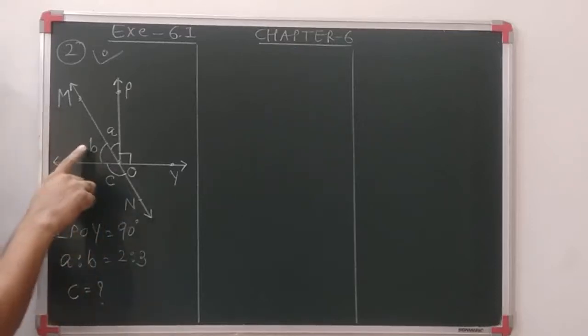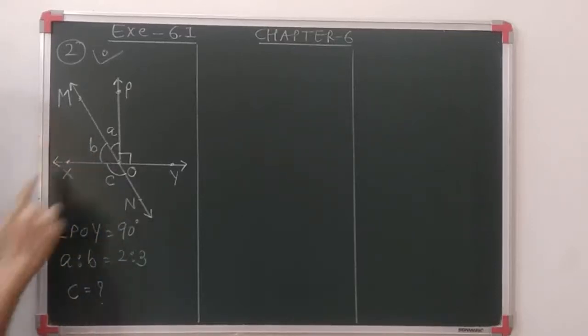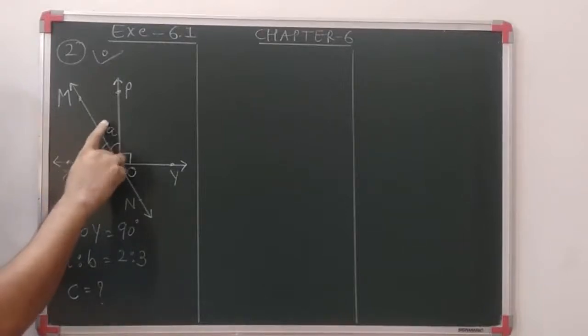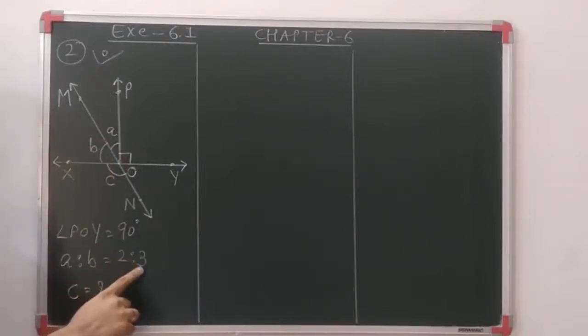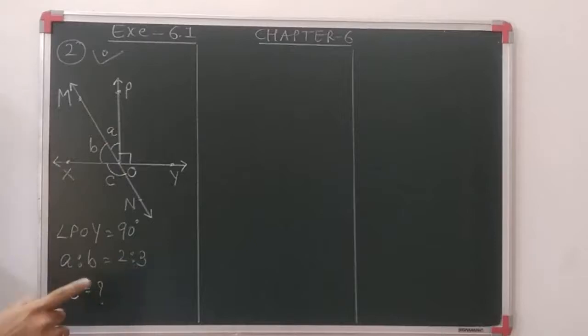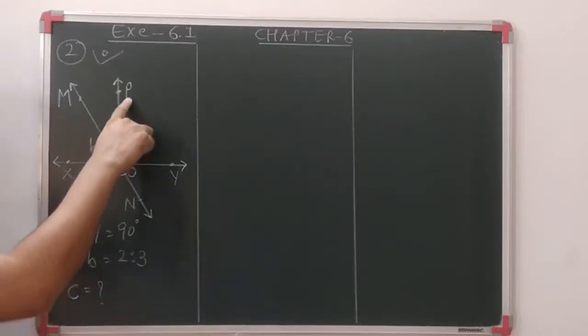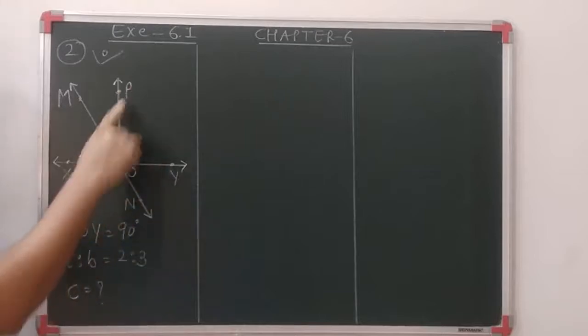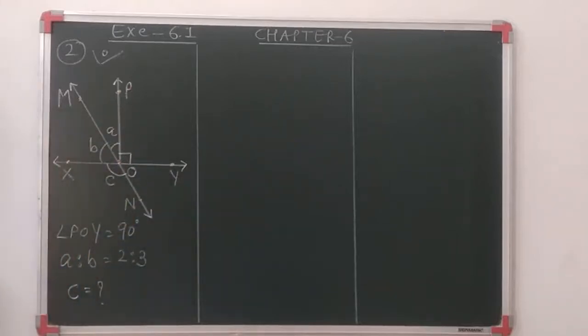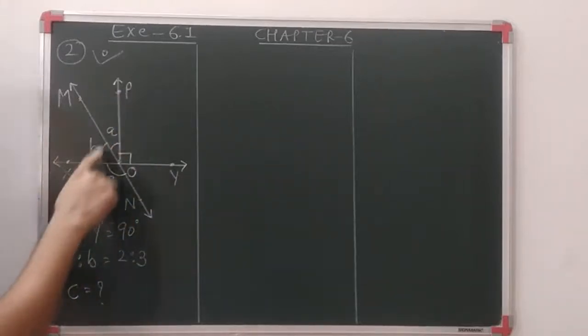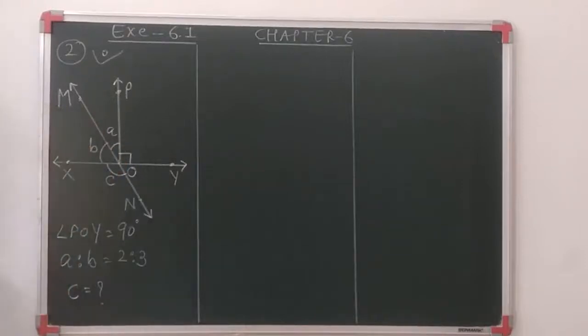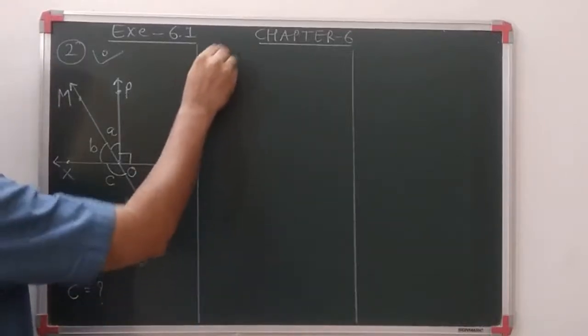Now let's see how we can obtain B. We have the relation of A and B, which is given as 2:3. But whenever a ratio is given, there must be some relation. If you observe carefully, POY and POX form a linear pair, and POX is the sum of angles A and B. So first we'll get A and B, then we'll obtain C. Let's note down that XOY is a line.